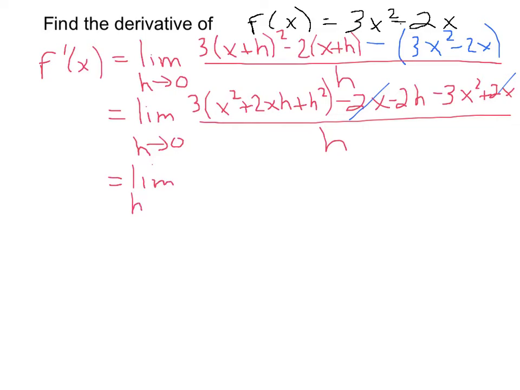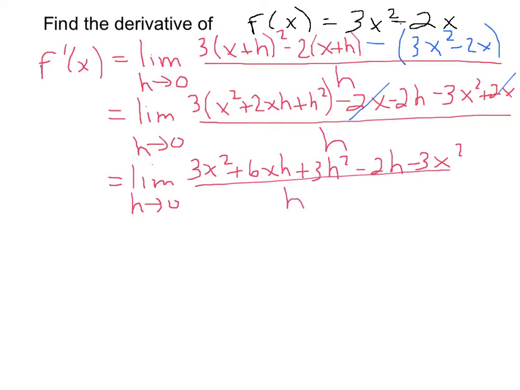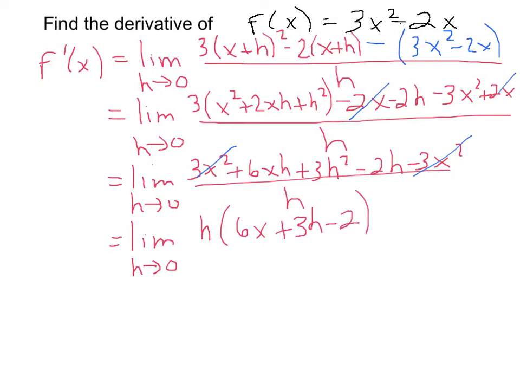So the limit as h approaches 0, distribute my 3x squared plus 6xh plus 3h squared. Then I have minus 2h and minus 3x squared, all divided by h. So 3x squared minus 3x squared, they're done. And if I look at the rest of the terms that remain in the numerator, notice that they all have a factor of h. So I'll factor out the h, 6x plus 3h minus 2, all divided by h.